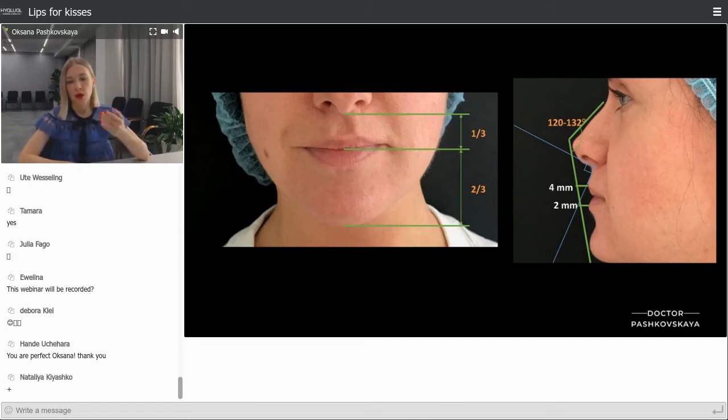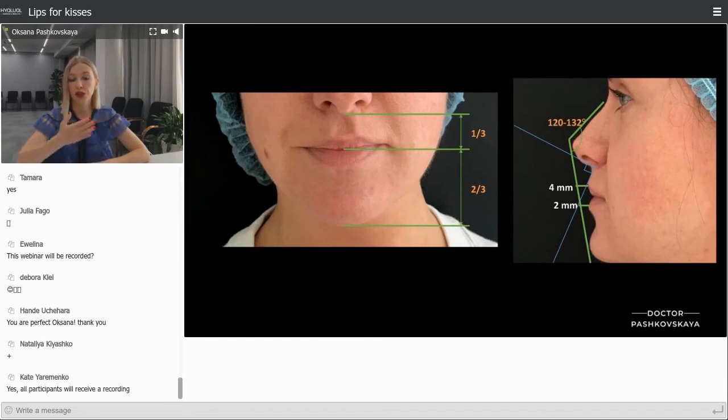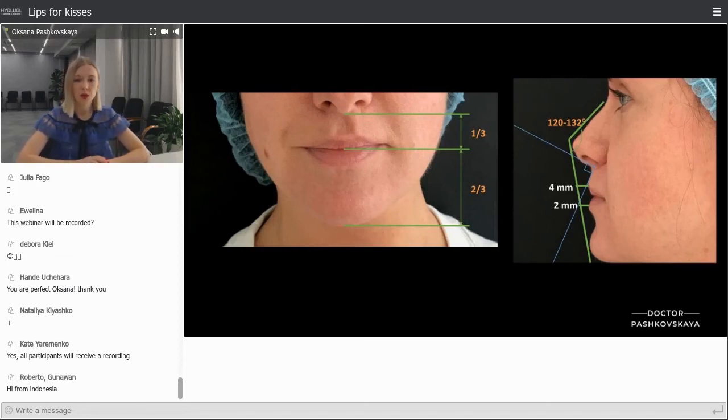So when we want to inject the back of the nose and the tip of the chin, we pay attention to the nasal chin angle. The optimal measure is about 120 degrees. Of course, when you inject once, second, third time, we should change that measure.